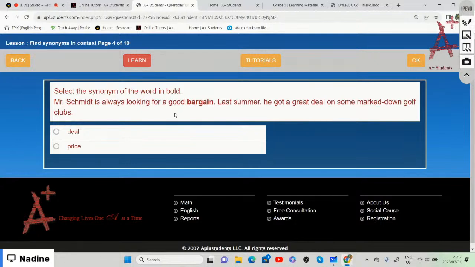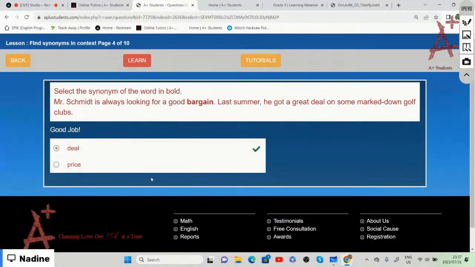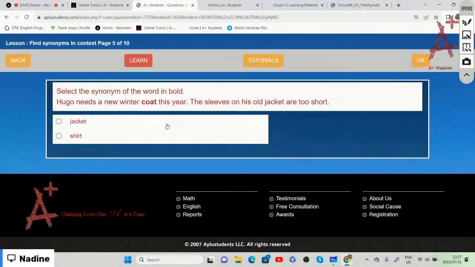It is the same or similar to getting a good deal or getting a good price. All right, let's choose a bargain as a deal. So a deal or bargain, that is what Mr. Smith likes.